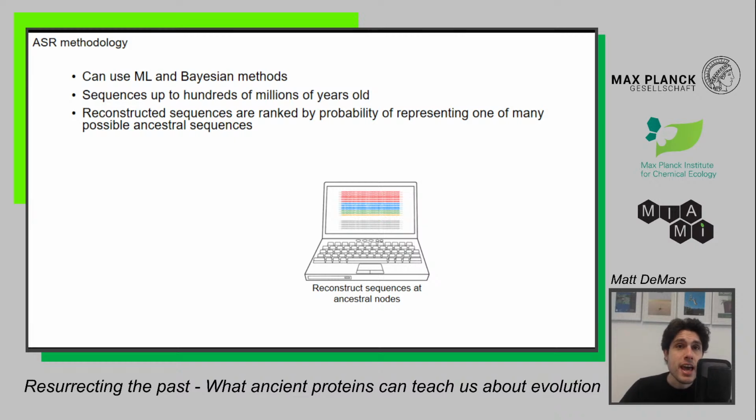So the sequence you get is not necessarily the true ancestral sequence, but it's one of many possible ancestral sequences. And the key is that for most applications, you're going to want to construct the gene and express the corresponding protein to test its properties.